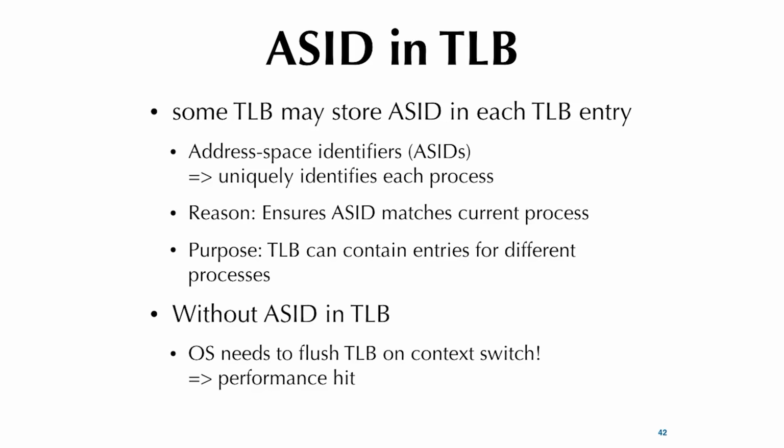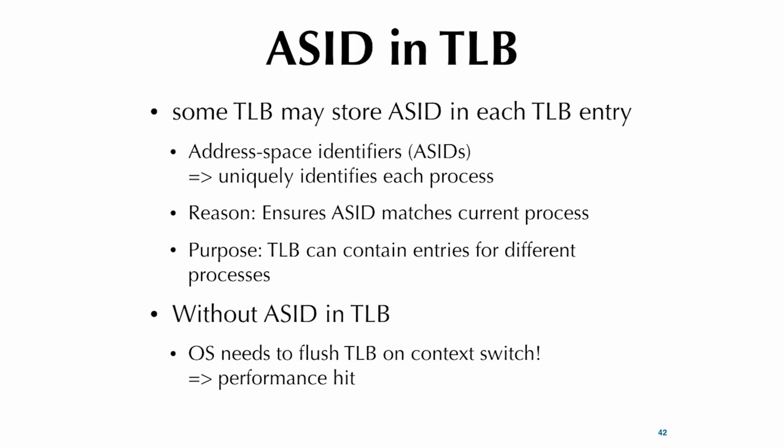So that's why the ASID is kept in there, because it's part of the match. That means when you attempt to access memory, not only do you do the translation, mapping from the page number to the frame number, but at the same time, the hardware does the ASID matching. So the OS also has to load the current process's ASID into the MMU as part of the context switch. Then on every access it checks, am I still being accessed by the same process?